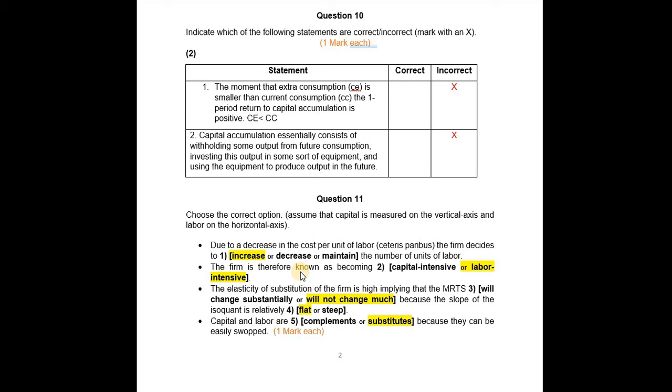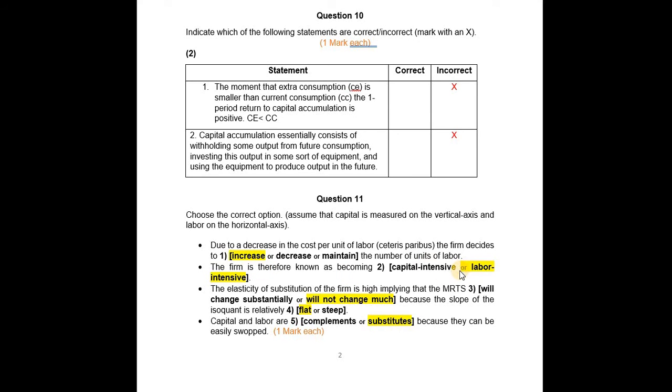So in this case, first statement, you'll choose increase. So the firm decides to increase the number of units of labor, okay? Because labor now is relatively cheaper than it was before. The statement number 2 says, the firm is therefore known as becoming capital intensive or labor intensive.